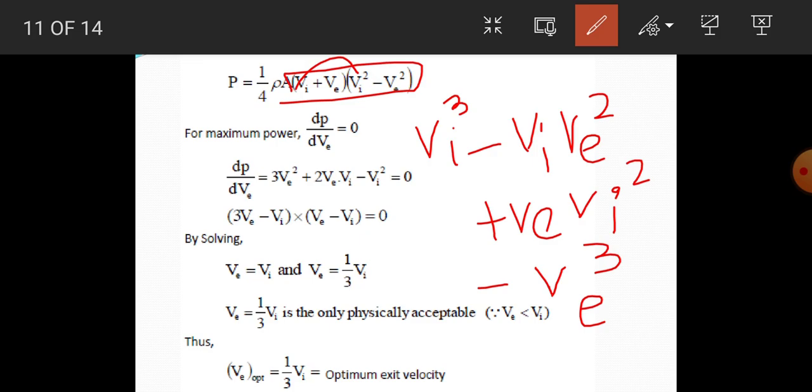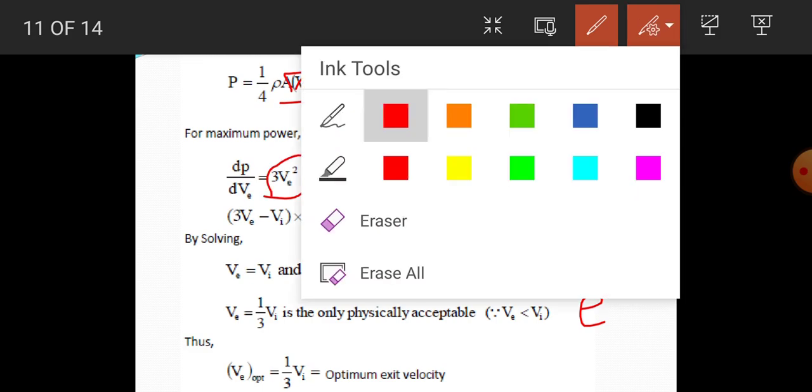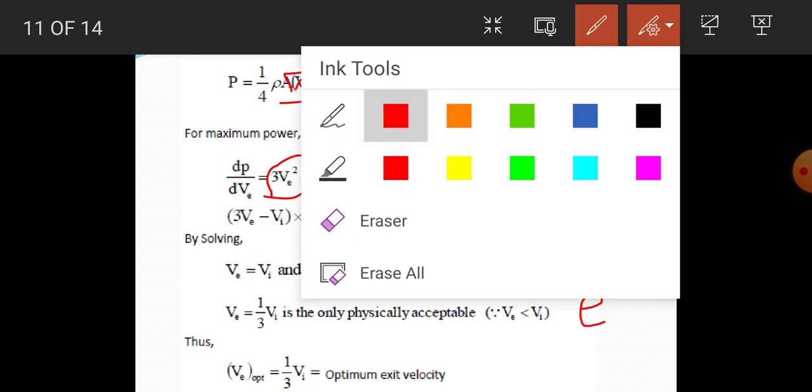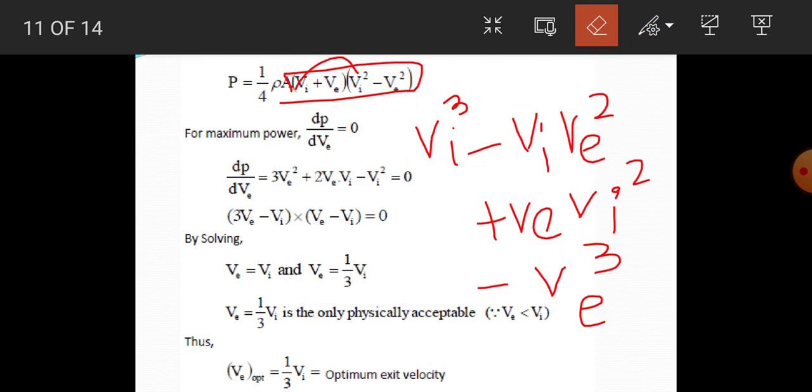Now if we differentiate these terms with respect to ve, the differentiation of vi cube will be 0, as it is a constant.